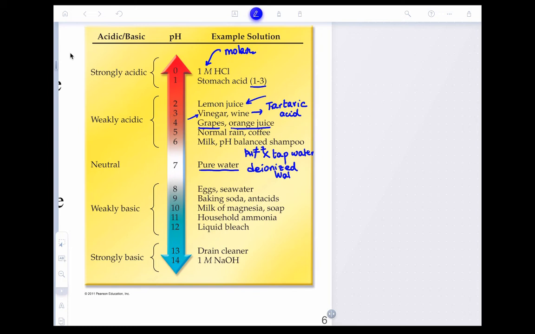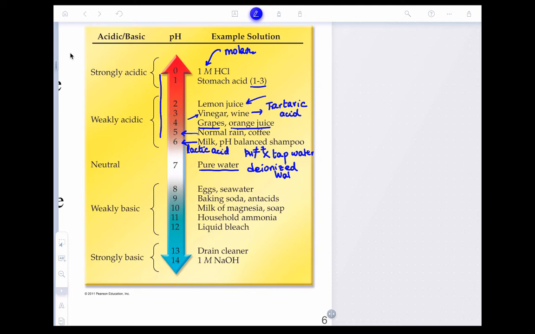There are a lot of gases that are acidic, and when they dissolve in water, they will form acids. And that's why normal rain can be slightly acidic. Your coffee, caffeine, is going to be slightly acidic. Milk contains lactic acid. These are not very strong acids, but you can see that it is less than 7, slightly acidic. Your pH balanced shampoo is not 7, it's actually slightly acidic.